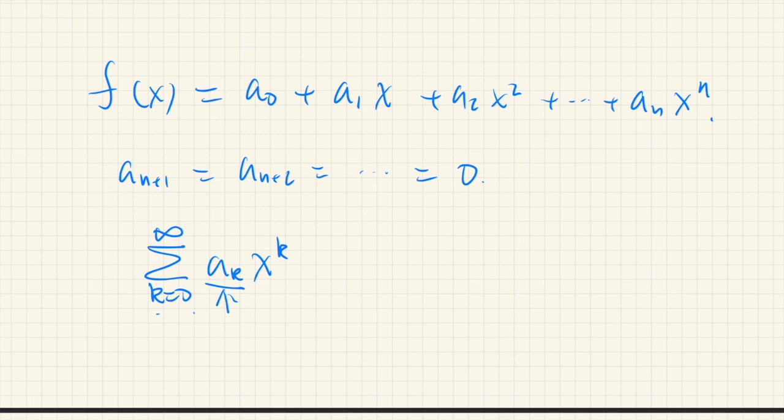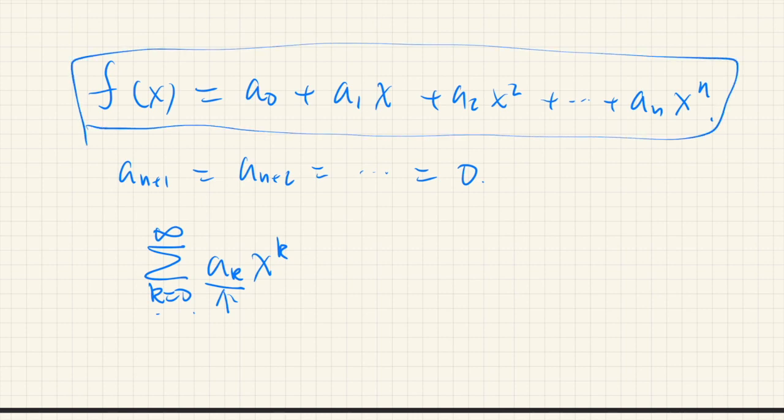If a power series is a polynomial such as this one, then this is a function of x. So we can substitute x with any real number. So x equal to 1, we get some value, and when x is equal to -1, we get some value, and so on.